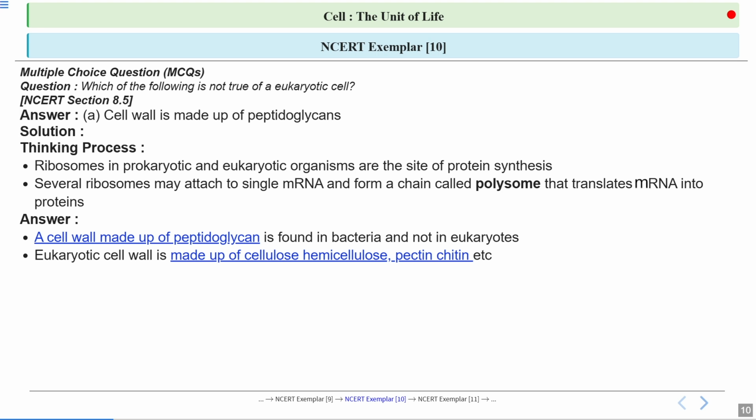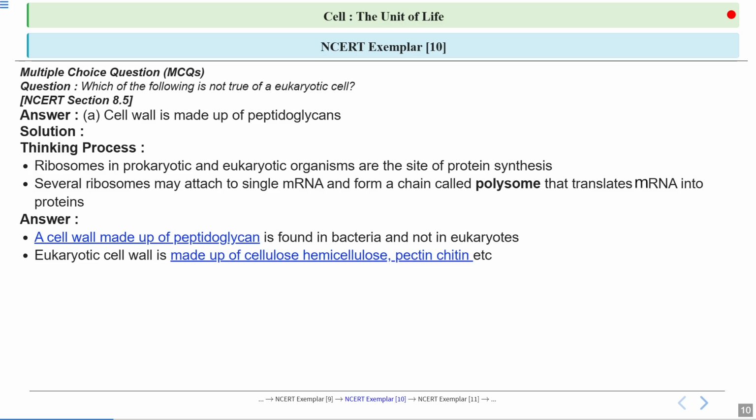Eukaryotic cell wall is made up of cellulose, hemicellulose, pectin and chitin, right? Eukaryotic cell wall is made up of cellulose material, hemicellulose material, pectin substances are also there. Some of the organisms have the chitin also. If you remember chitin, which organism's cell wall is made up of it?